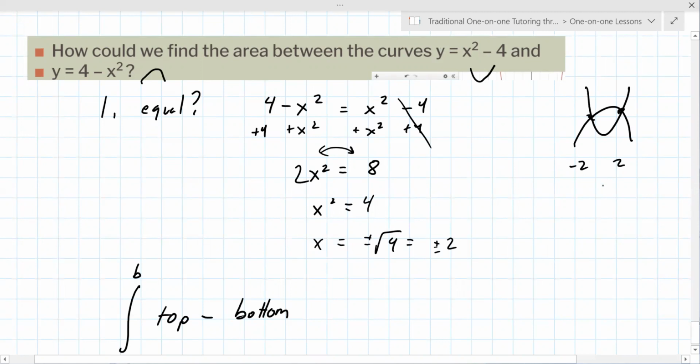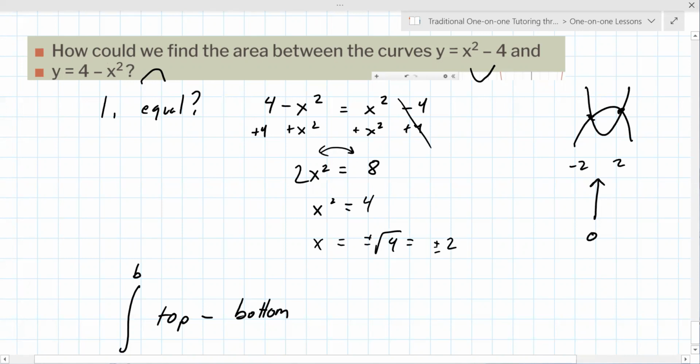You could also try a value between the two of them, like 0, and figure out where each one is. Like 0 squared minus 4 is -4, and then 4 minus 0 squared is 4, so that obviously is on top. Wait, but why can't you just do it from -2 to 2?